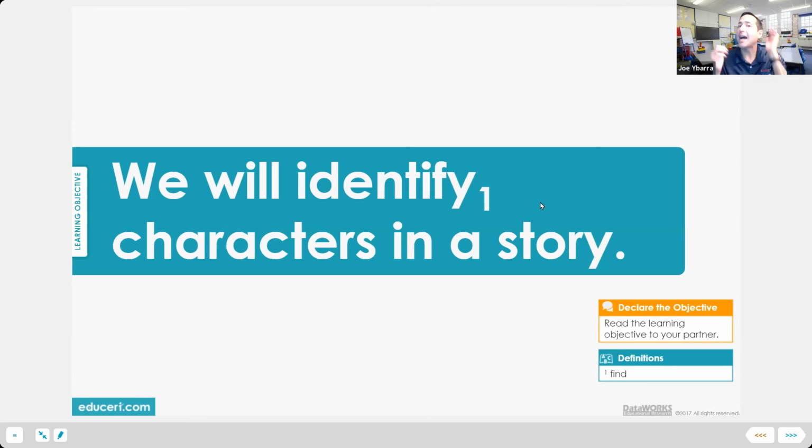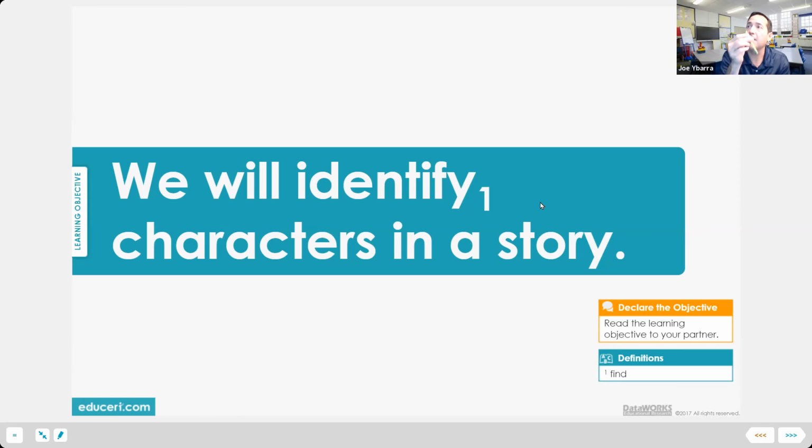Now let's play the game. Identify. To find. To find. Identify. Identify means to find. I've kind of given them a definition, so I have to give them examples of it. Look, class, this is what I mean by identify. I can identify my pencil by looking at the pens and pencils in it.